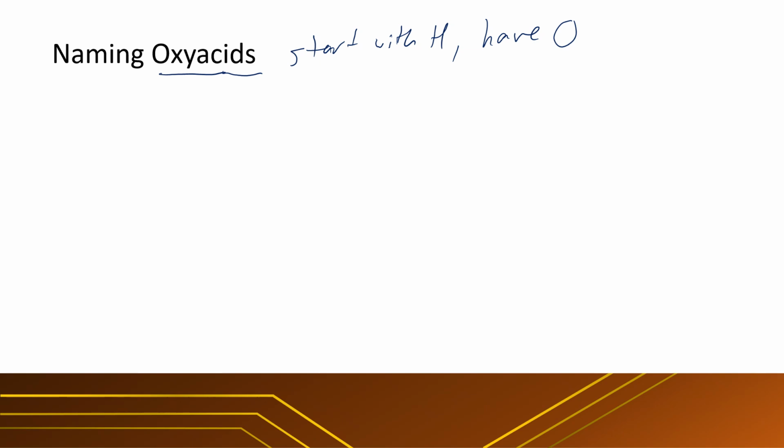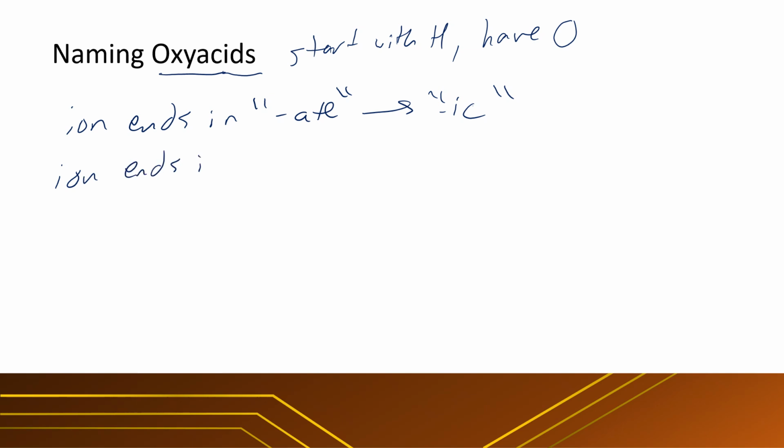When you have an oxyacid, if the ion ends in ate, the ending changes to ic. If the ion ends in ite, the ending changes to us, O-U-S. And I'll show you what I mean.